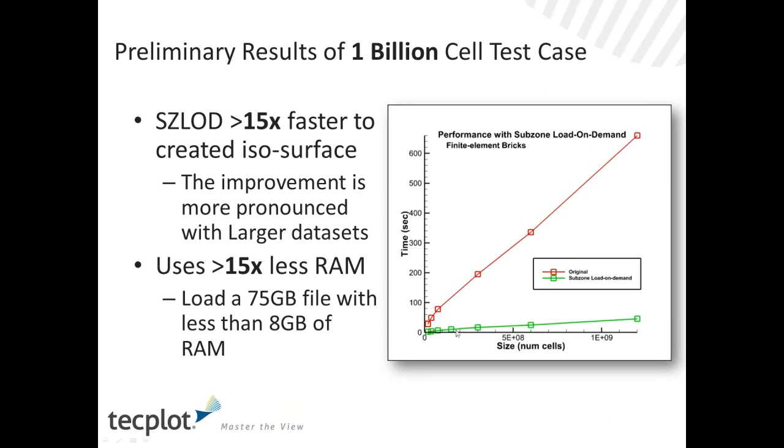The red line is our original Tecplot, and it's at least 15 times faster. But the other thing it does, which is very helpful, is it uses a whole lot less memory. And in using a lot less memory, it allows you to run it on a machine where it would not have been able to run before, or you can run multiple cases simultaneously on that machine. So that's a very valuable side effect of this approach.